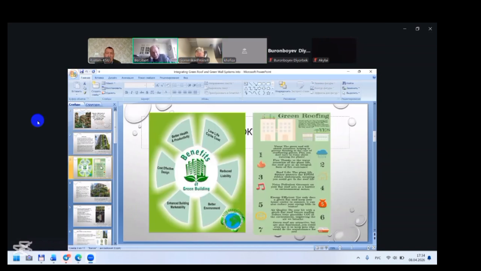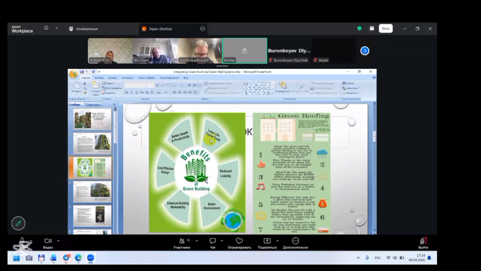Third slide. Okay, in this presentation, I will explain the importance of green roof and green wall systems in residential buildings, also in residential architecture, their benefits, challenges and their role.